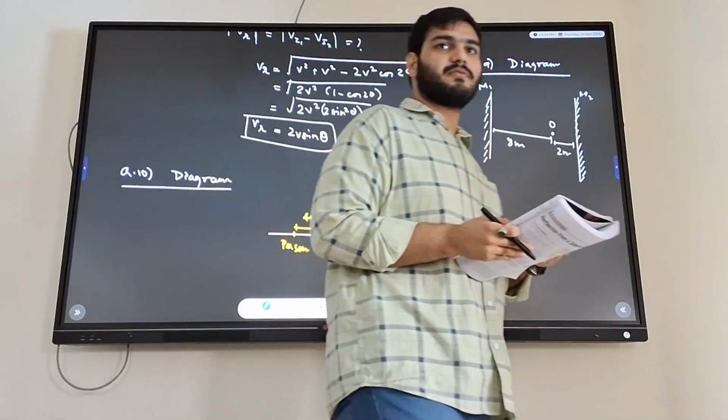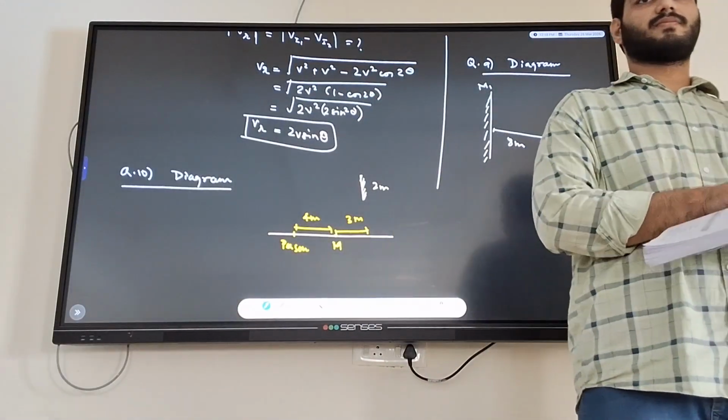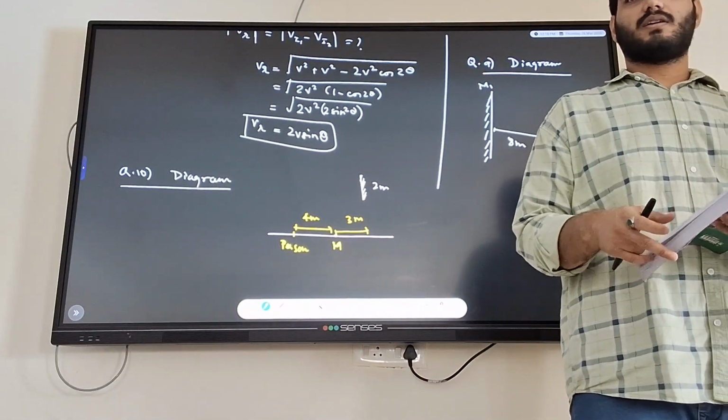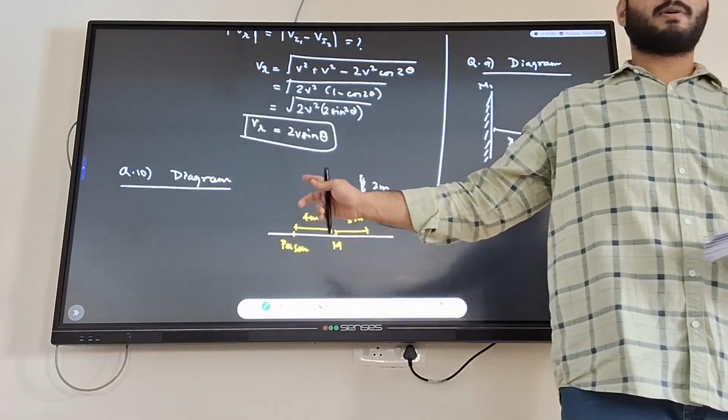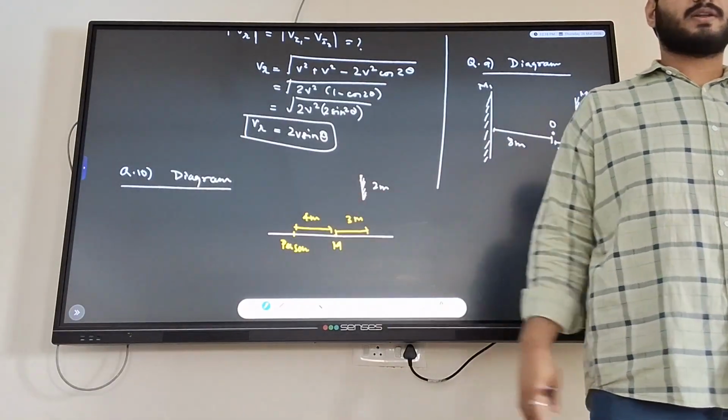This is the diagram that we have. Take this diagram and do question number 10 as homework. You can leave question number 9 for now.